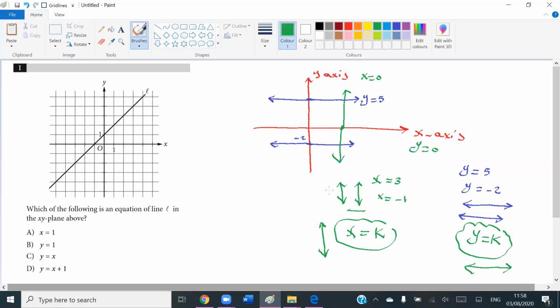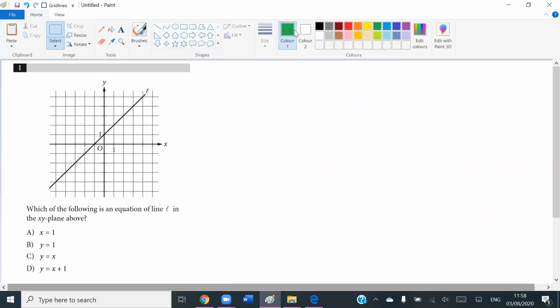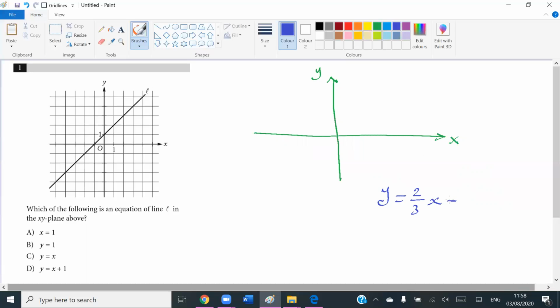Now, if we have both variables x and y in the equation, in this case, the line will be inclined. Let me graph the xy plane again. This is our x-axis, and this is y. Say for example, y equals 2/3 x plus 4, and I need to graph this equation.